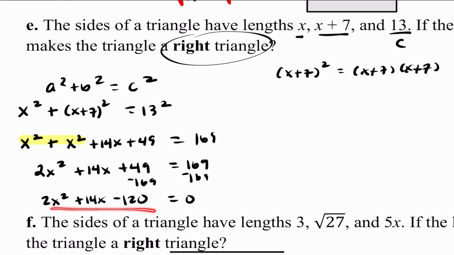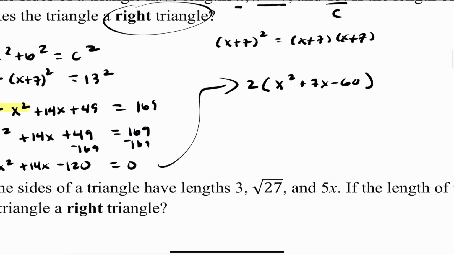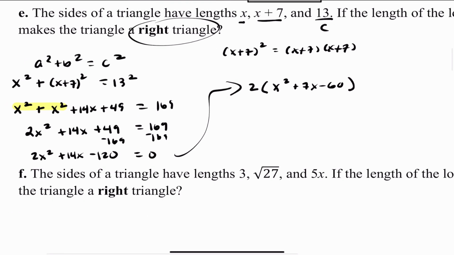You can factor a GCF out of this trinomial here. So I'm going to go ahead and do that right now. What number goes into 2, 14, and negative 120 at the same time? 2. So if I factor that 2 out, you're going to get x squared plus 7x minus 60. And what does that equal? It's going to equal that 0 here.